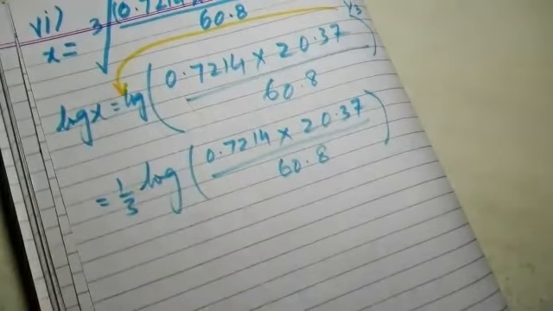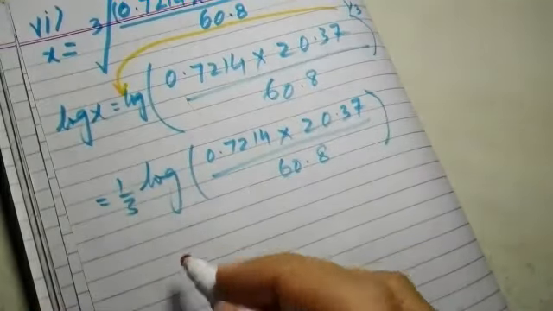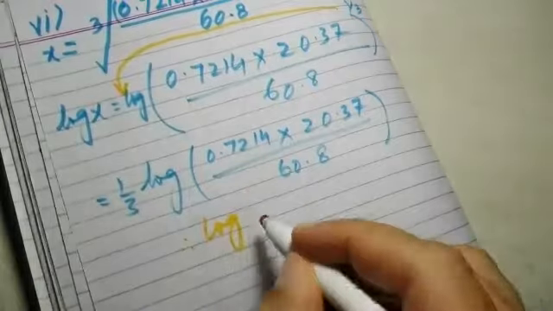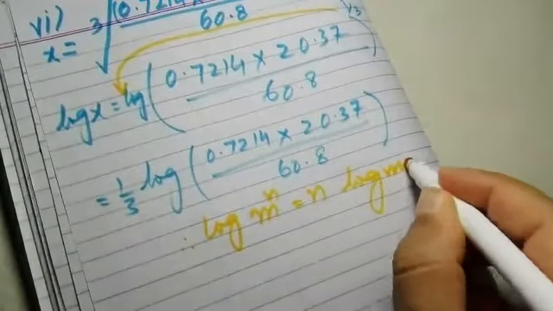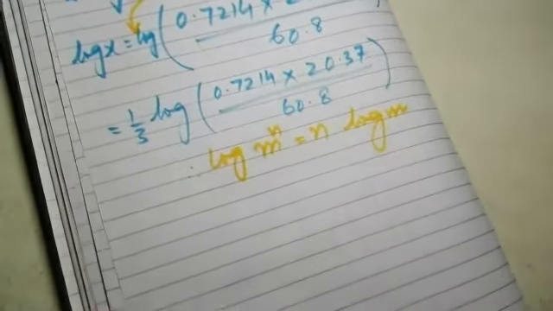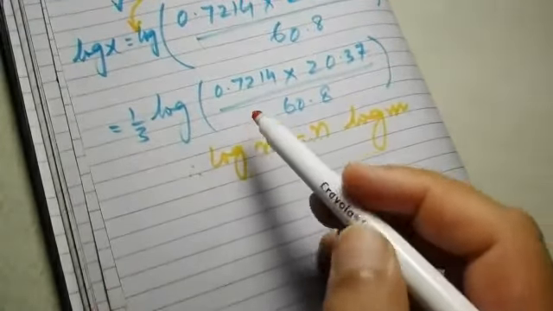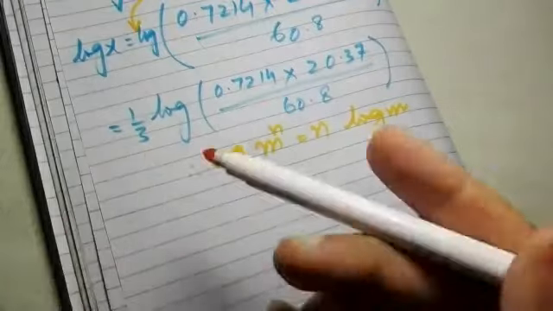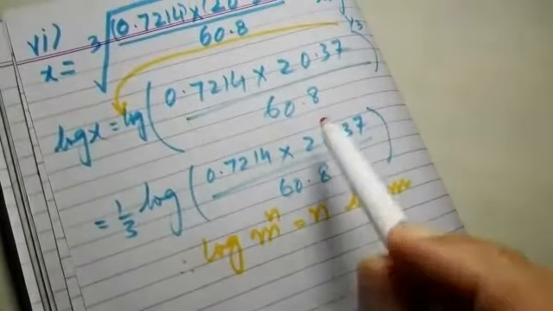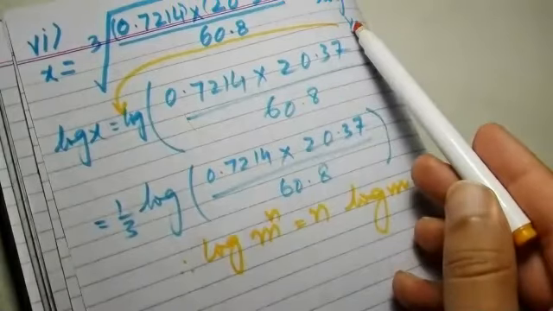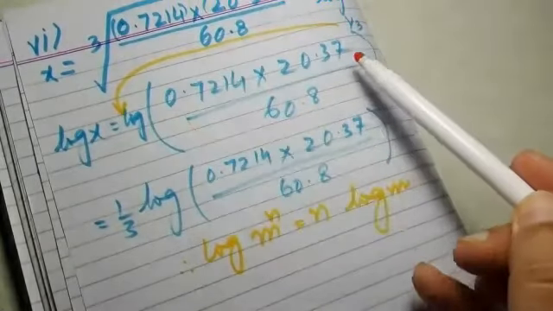Obviously I have used the third law, so I would quote the reference, because of this n times log x. In the very first step, I have used the third law and shifted this exponent, which was the exponent of the whole expression.